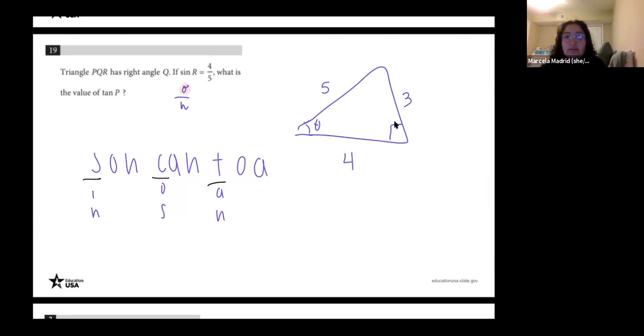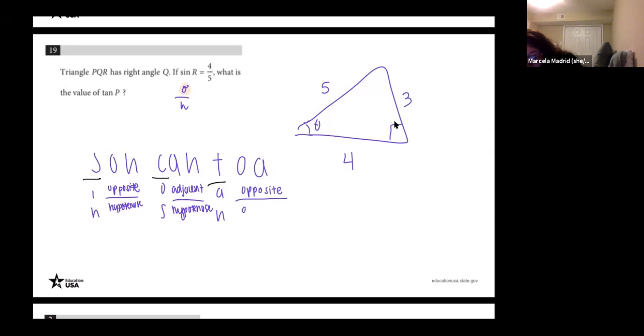Just ignoring the question, we're looking at Sohcahtoa. Sine is opposite over hypotenuse. Cosine is not opposite, it's adjacent over hypotenuse. Finally, tan is opposite over adjacent.